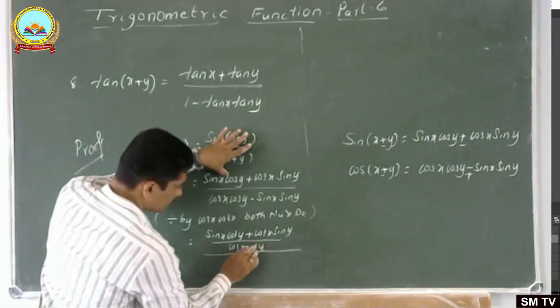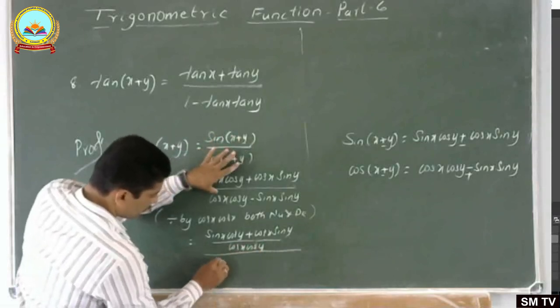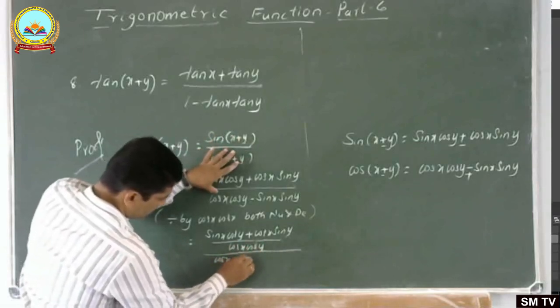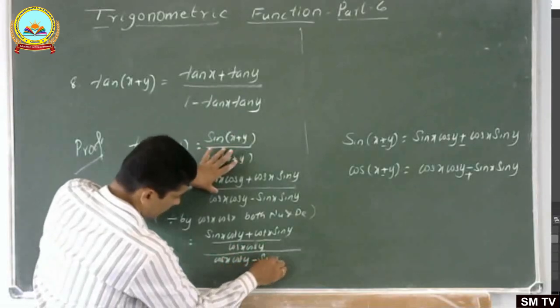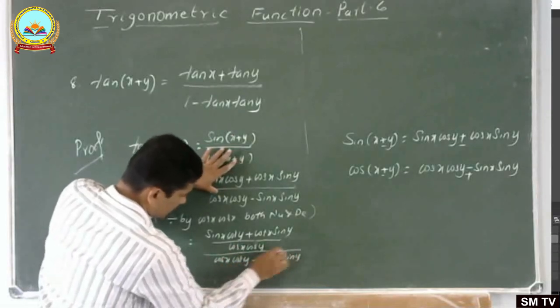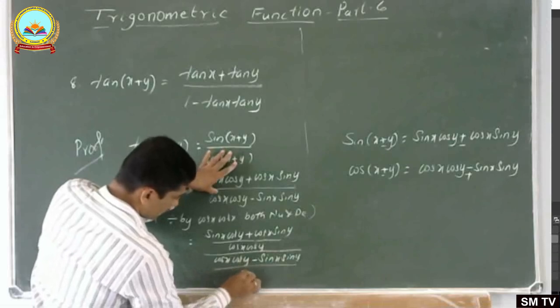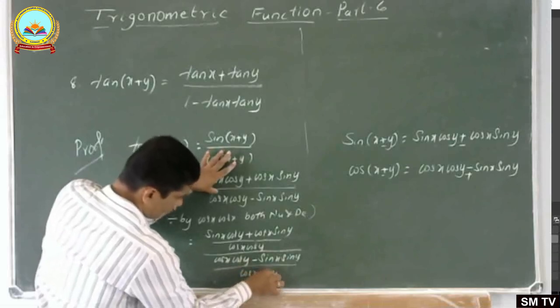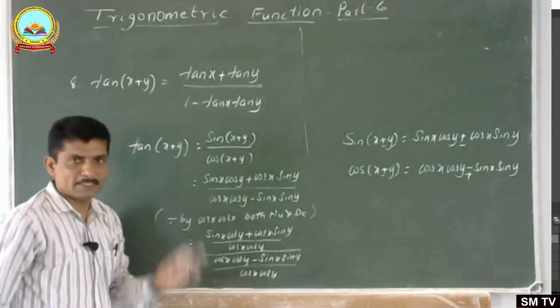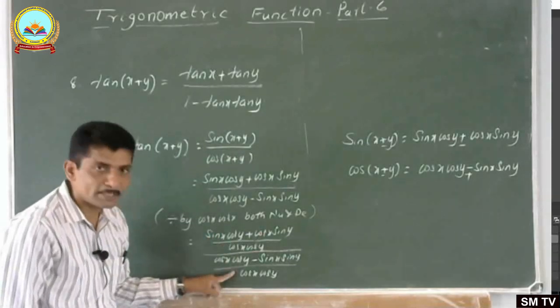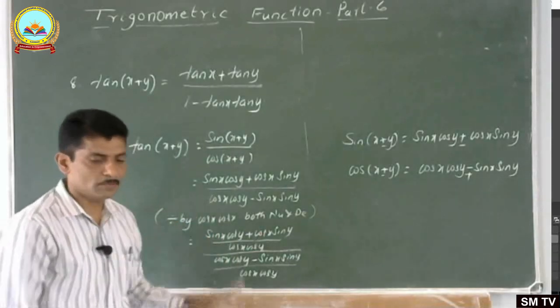In the denominator also, cos x cos y minus sin x sin y, divided by cos x into cos y. Is it clear? Dividing both numerator and denominator by cos x into cos y.